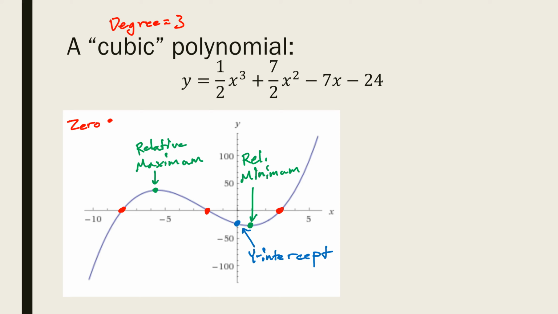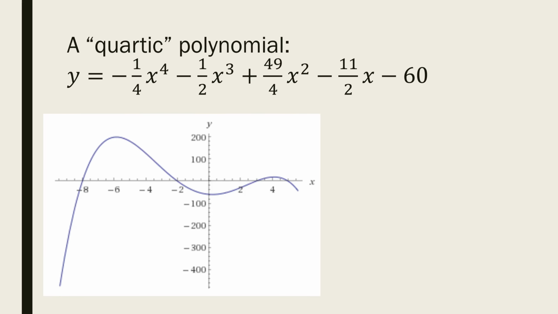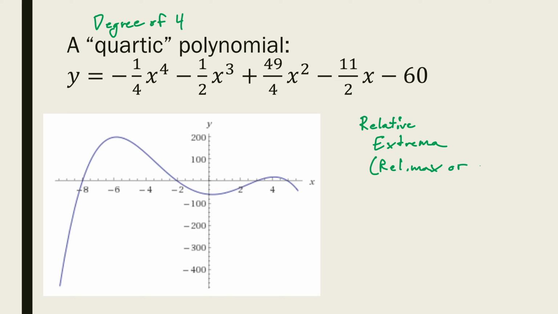Let's do that one more thing in class because I want to show you an even crazier polynomial, and that polynomial is a quartic polynomial. Quartic denoting 4. This has a degree of 4. So first of all, let's label some things. Let's label the relative extrema. When I say relative extrema, what I mean is it's either a relative max or a relative min.